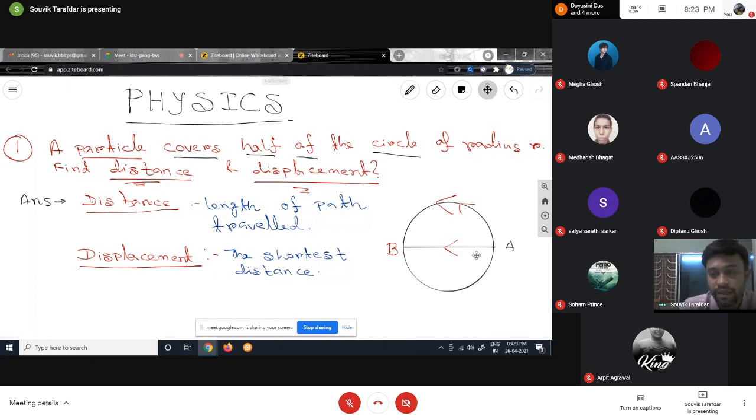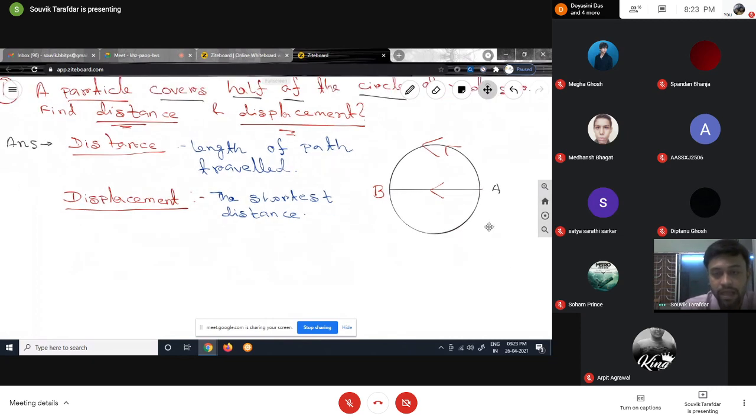See, to find the distance, what we will do: distance means path traveled, so it traveled through the perimeter, isn't it? Now if the radius is r, then what is the formula of circumference? 2 pi r.